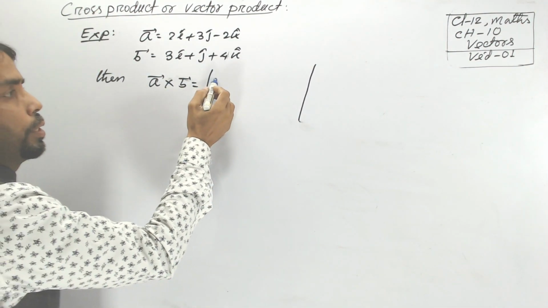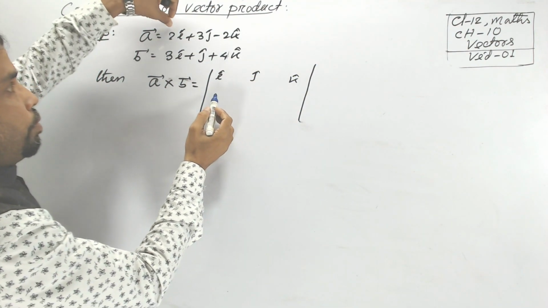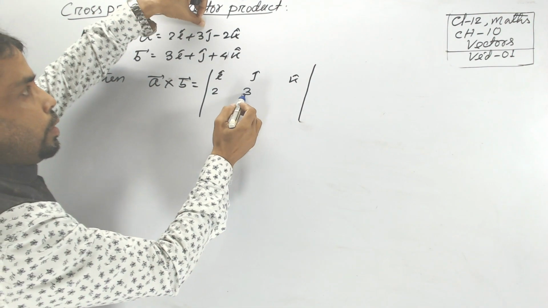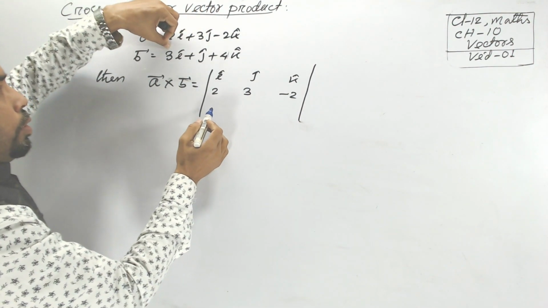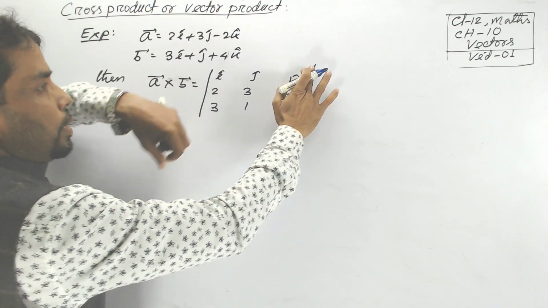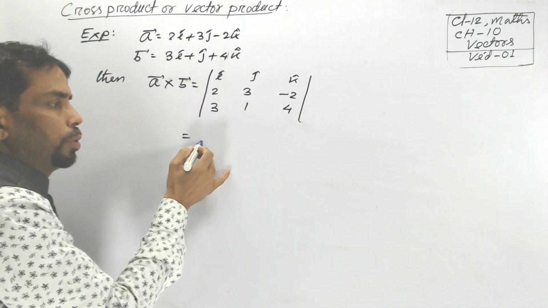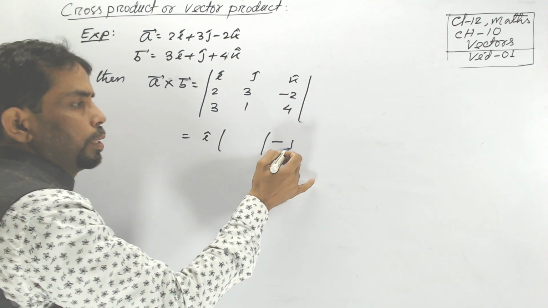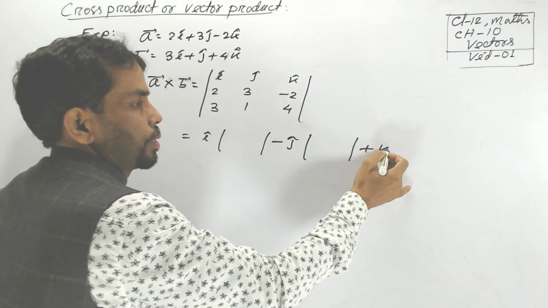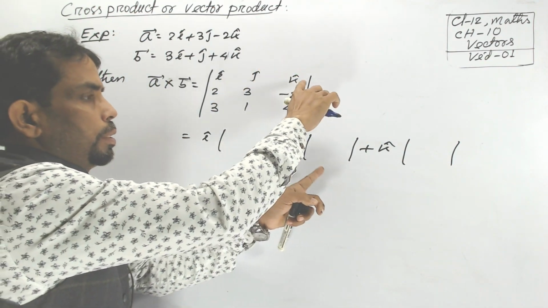The first row is i, j, k. The second row is the coefficients of the first vector: 2, 3, minus 2, and the next row is the coefficients of the second vector: 3, 1, 4. This is a third order determinant, which we know how to expand. Expanding using the first row: plus i, minus j, plus k.